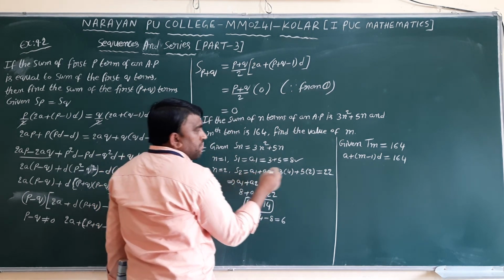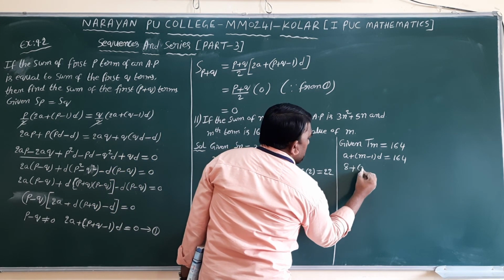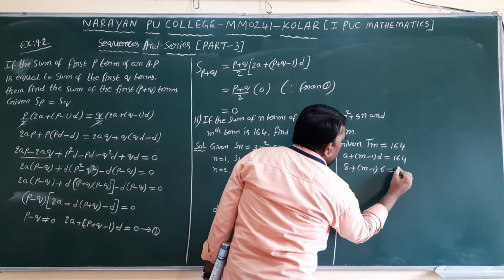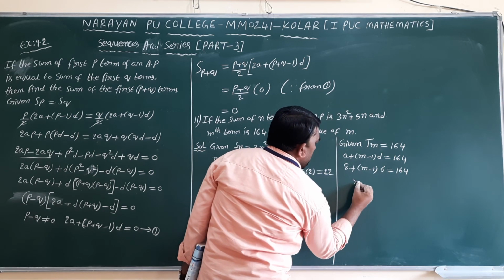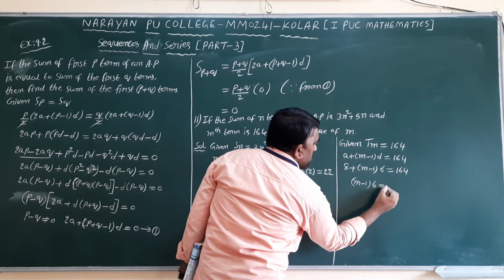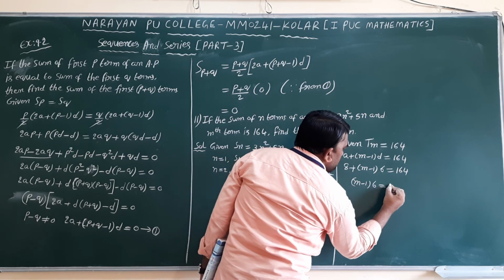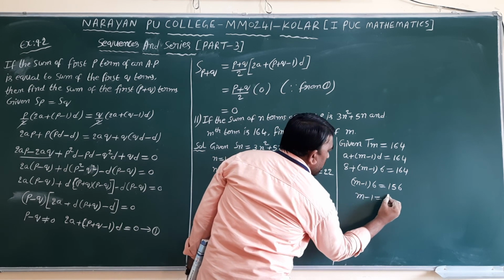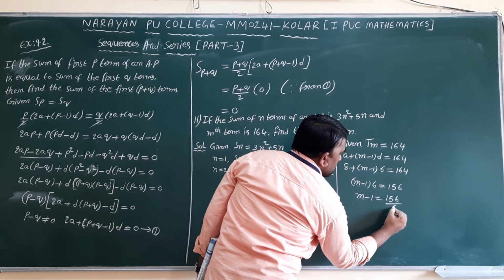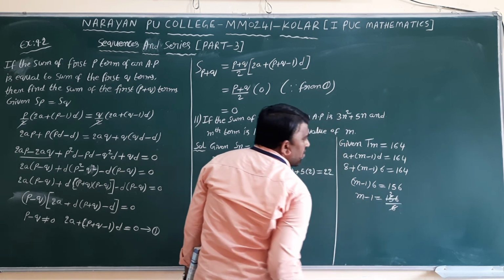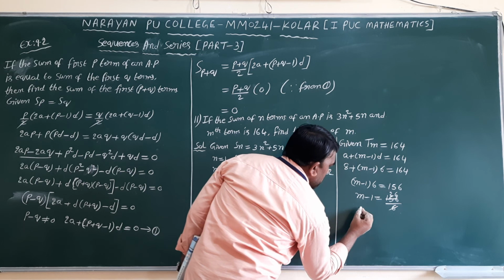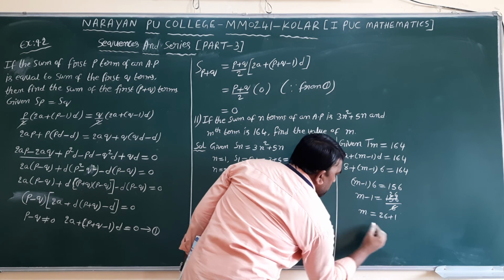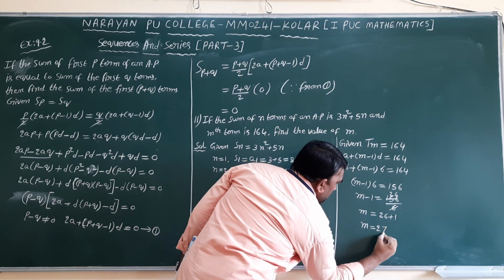A is nothing but the first term. 8 plus m minus 1 into common difference 6 is equal to 164. m minus 1 into 6 is equal to 164 minus 8, 156. m minus 1 equal to 156 divided by 6. 6 table: 6 twos are 12, 6 into 26 is 156. m equal to 26 plus 1. So m value is 27.